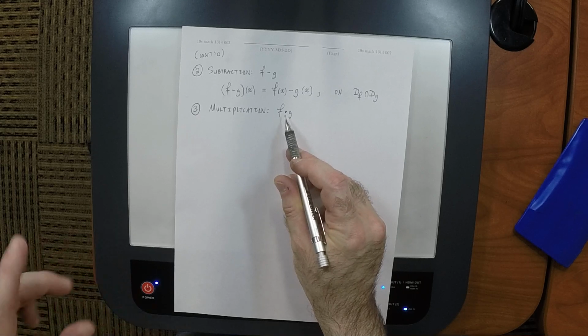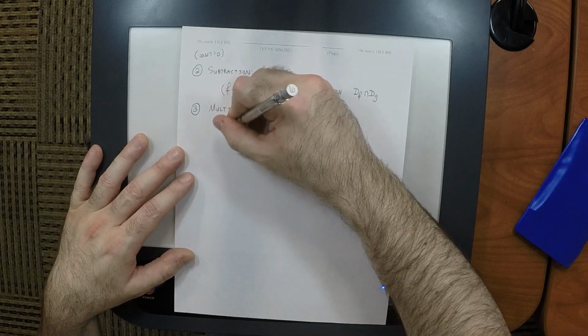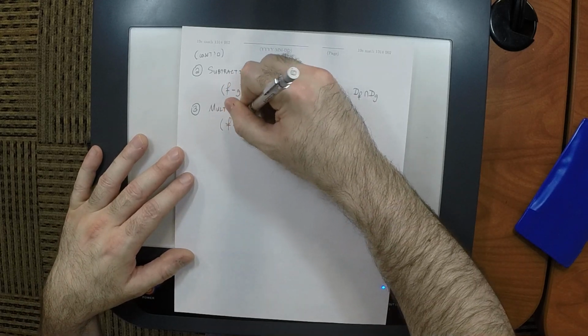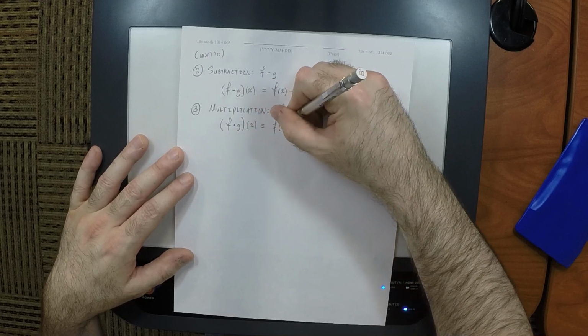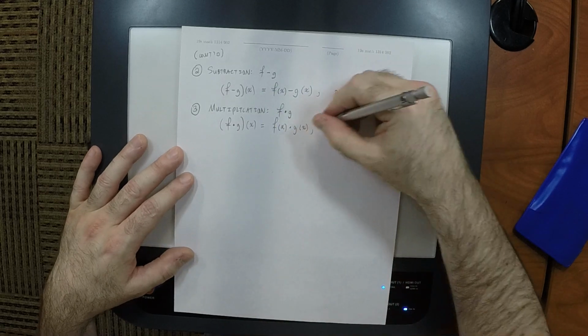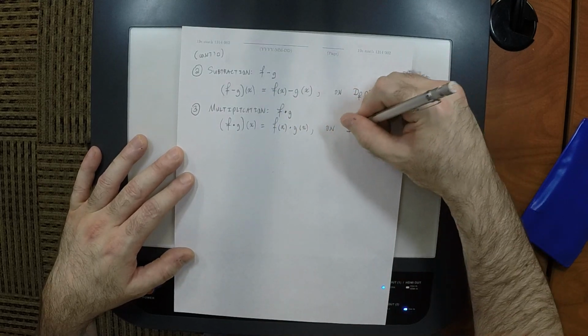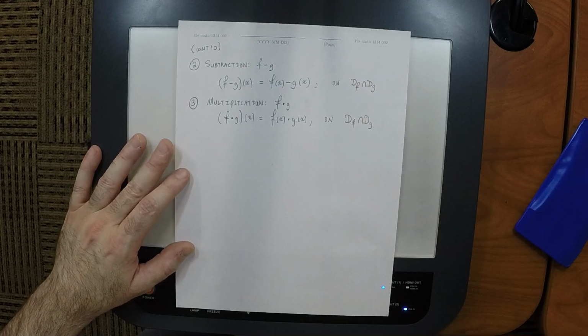It'll become clear why I'm saying that's a solid dot in just a moment. So f multiply g evaluated at x is just f evaluated at x multiply g evaluated at x, and its domain is the intersection, for the same reasons as before.